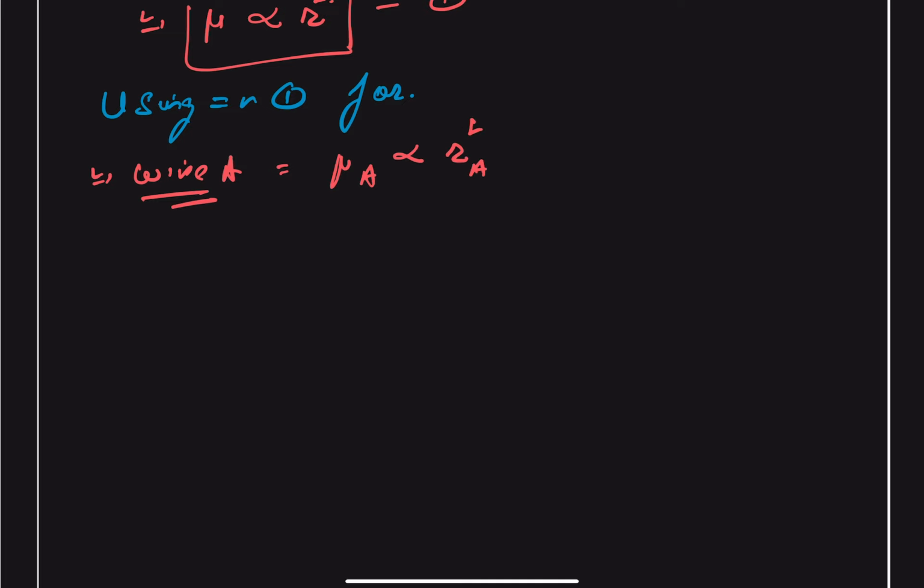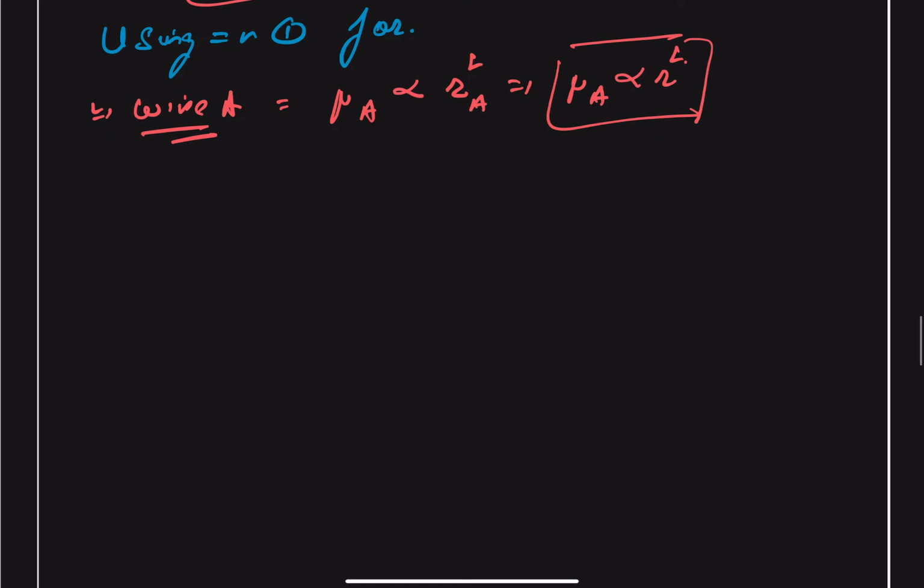The radius of wire A is given as r, so mu A is directly proportional to r square. And for wire B, mu B is directly proportional to the radius of B, which is given as twice r, so mu B is directly proportional to 4 times r square.